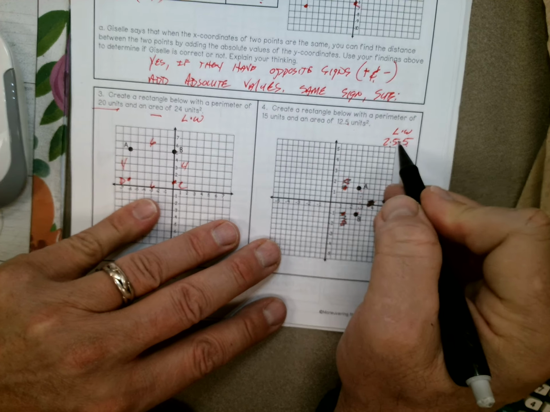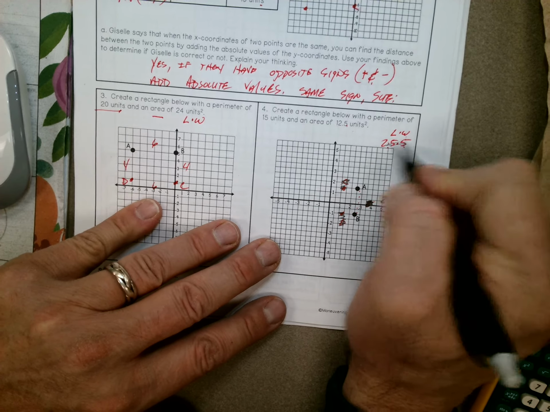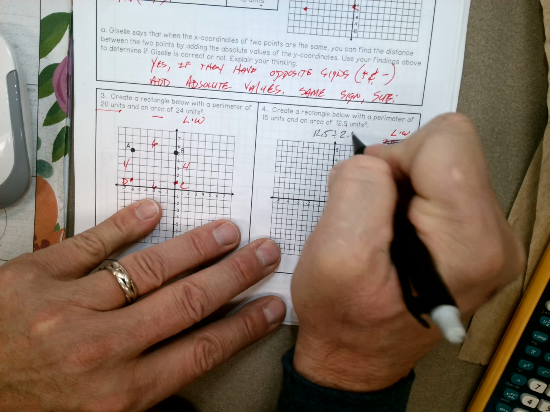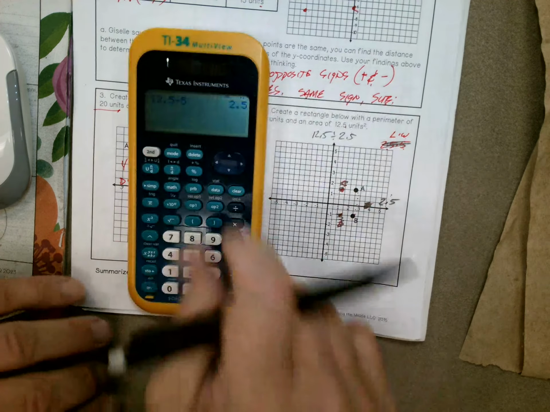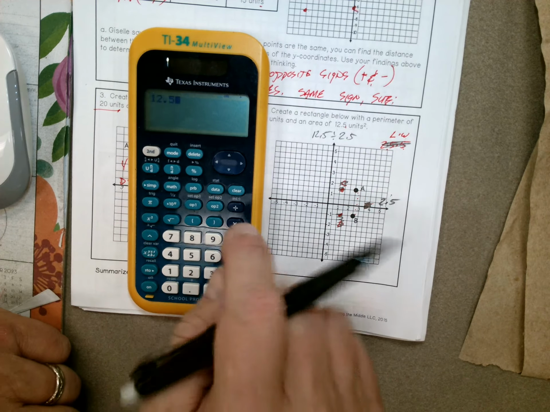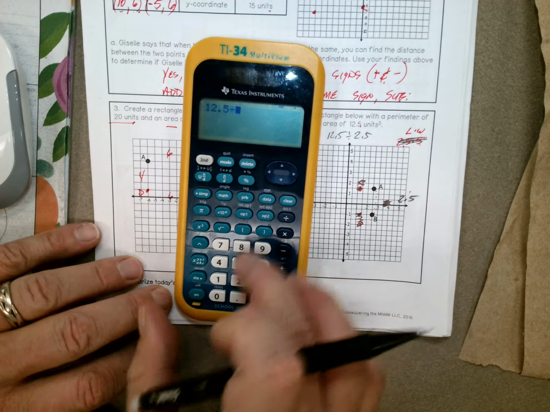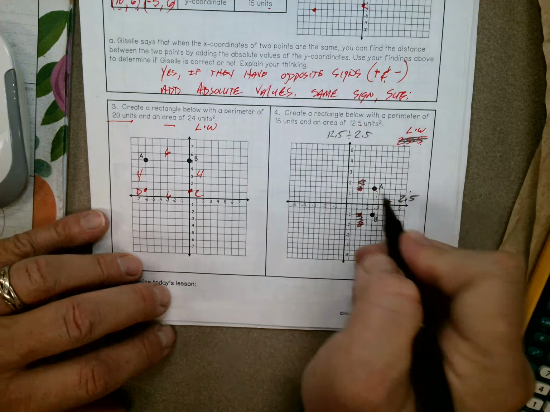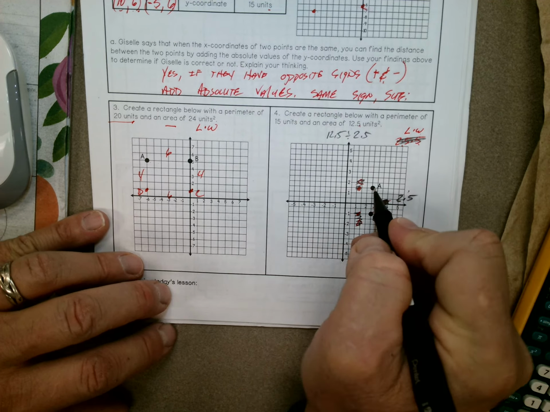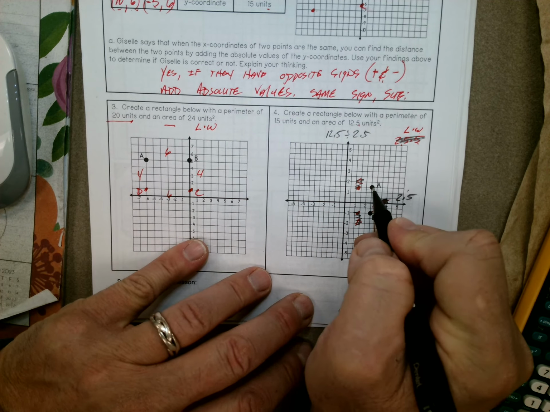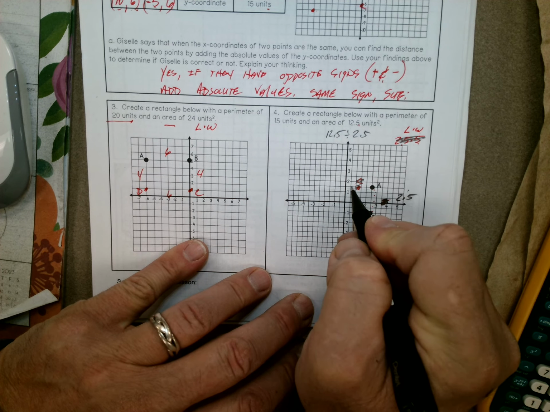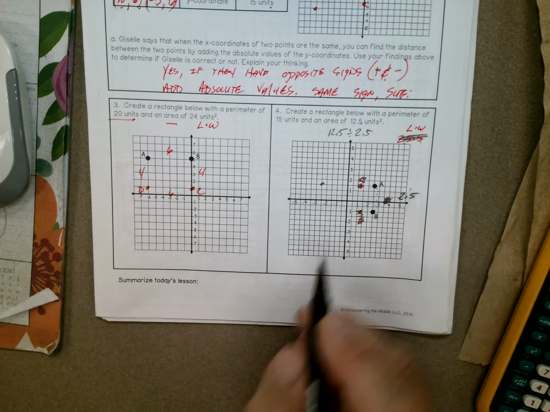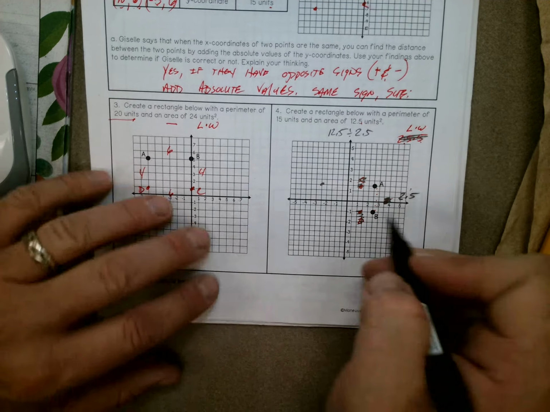So now, if I take 12.5 and divide it by 2.5, well, I know it's 5 because we just figured it out, but watch. 12.5 divided by 2.5 is 5. So I know that this needs to be 5 here. And we're going to skip one here because it's an interval: 1, 2, 3, 4, 5. And that should be it right there.